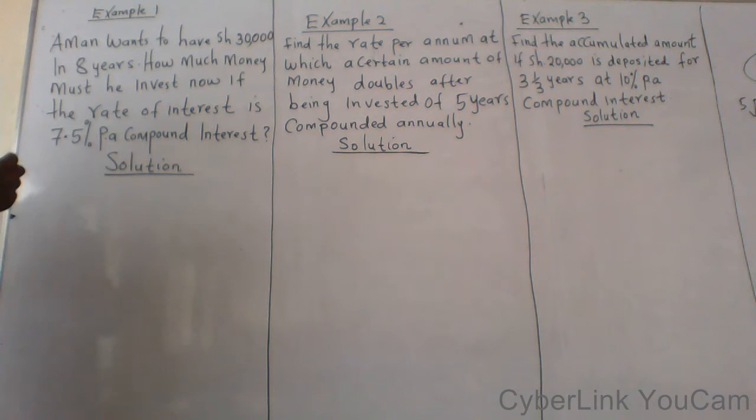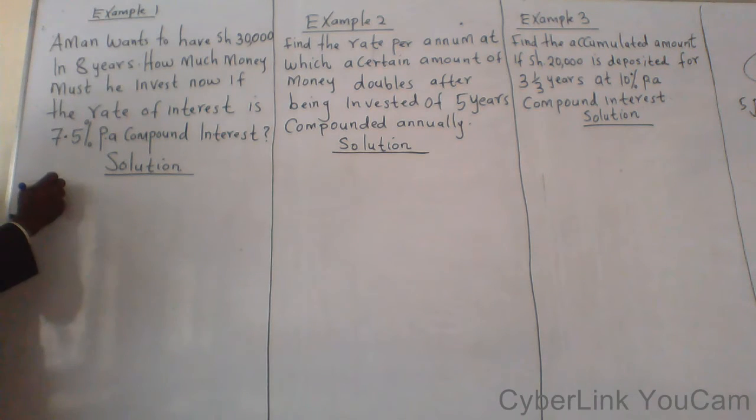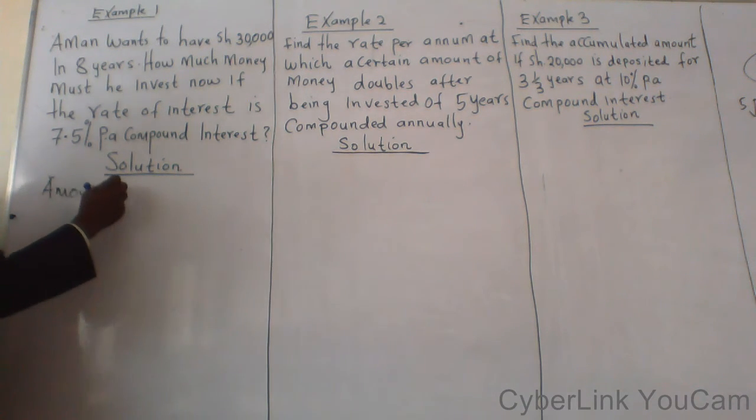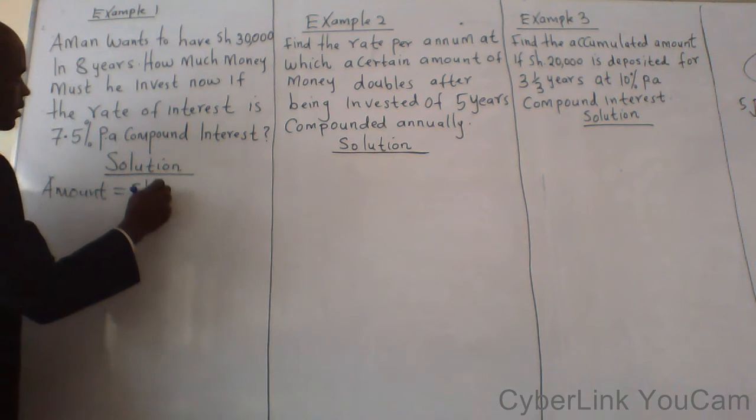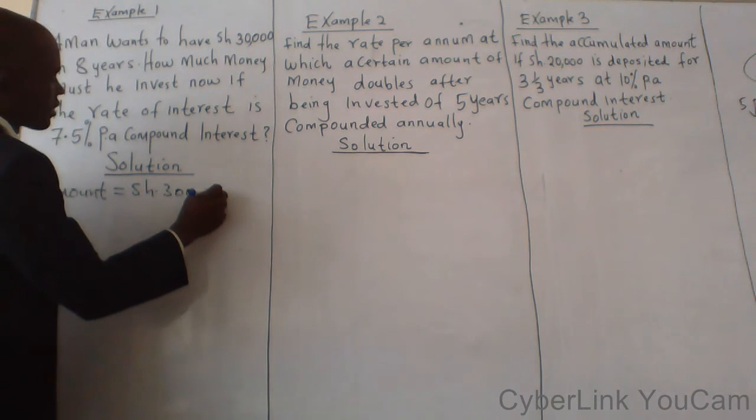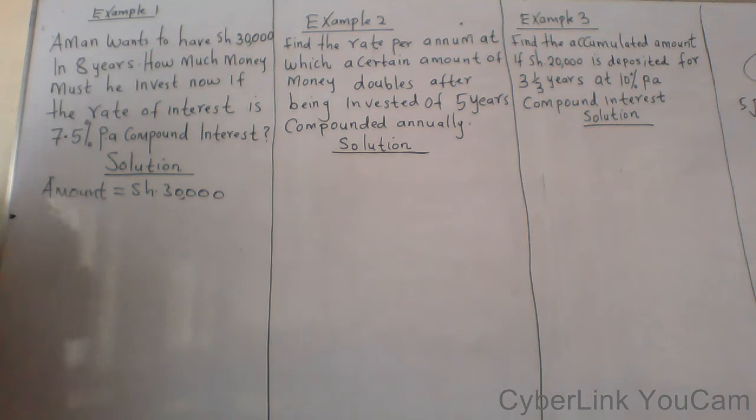from this particular question. We can identify that a man wants to have 30,000, meaning that the amount, which is A, is equal to 30,000. We have also been told that we are supposed to have this money after 8 years, meaning our N is equal to 8.